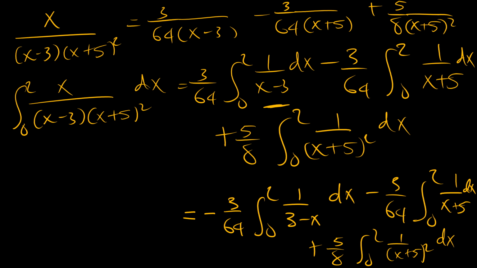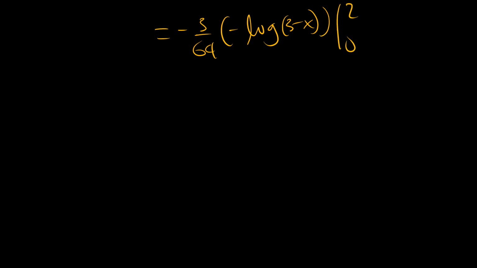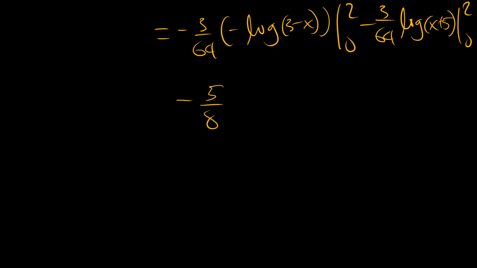So that when we integrate this, we have a negative 3 over 64 of negative natural logarithm of 3 minus x, 0 to 2, minus 3 over 64 natural logarithm of x plus 5, 0 to 2, and then minus 5 over 8 times 1 over x plus 5, because 1 over (x plus 5) squared integrated is a negative of 1 over x plus 5. This is 0 to 2. So this negative and that cancel.